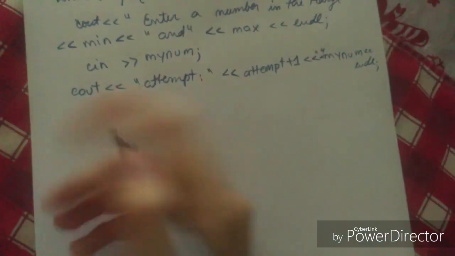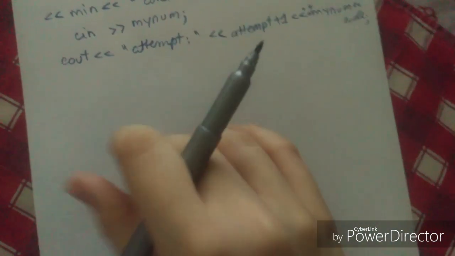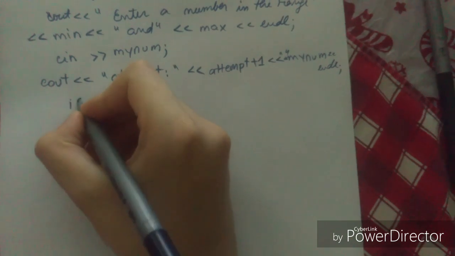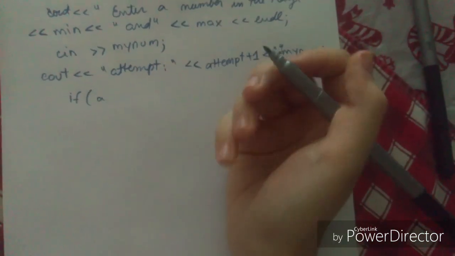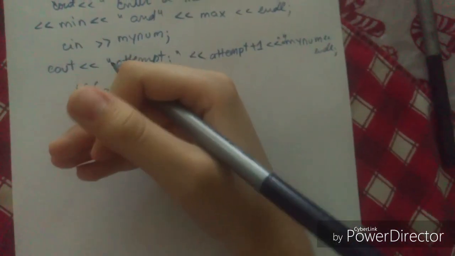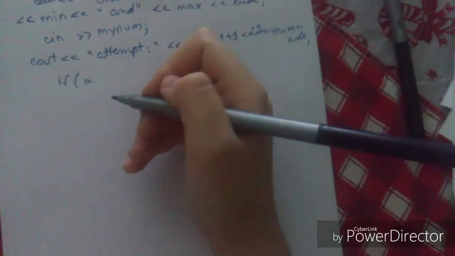Now it's time to check the actual number against the guessed number, because that's the whole purpose of the game, to see if you actually guessed right or not. So if, and now what I was thinking about was that I would only give the user a certain number of attempts, so you can't guess infinitely many times. You can just guess a certain number of times.